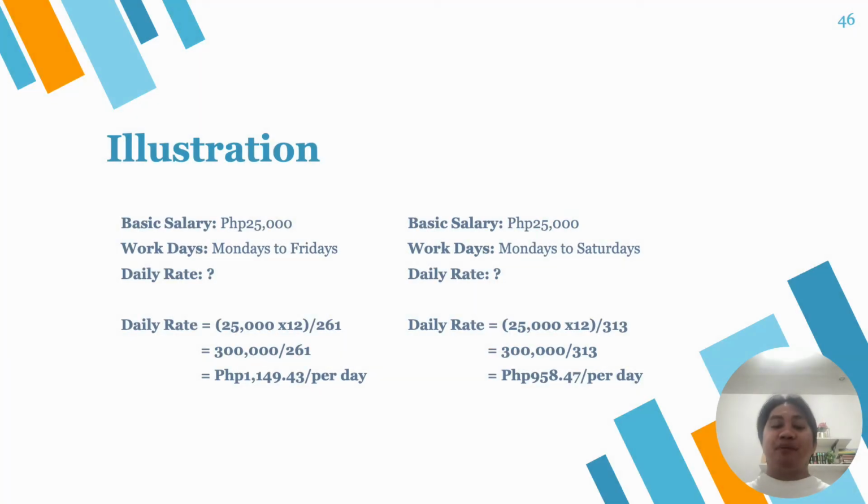So for example, if the basic salary is 25,000 and the employee is working from Mondays to Fridays, it will be 25,000 times 12 months. That will be 300,000 in annual salary divided by 261 days, and that will come up with 1,149 pesos and 43 centavos as the daily rate of the 25,000 fixed monthly salary of that employee.